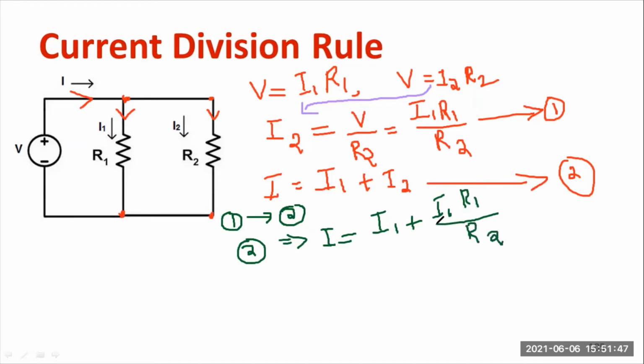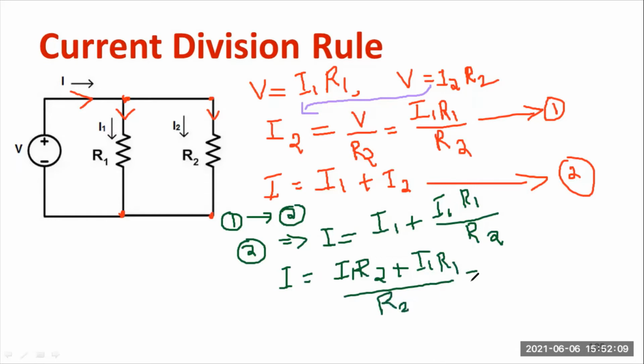Please simplify, do the cross multiplication. So I equals I1 R2 plus I1 R1, whole divided by R2.